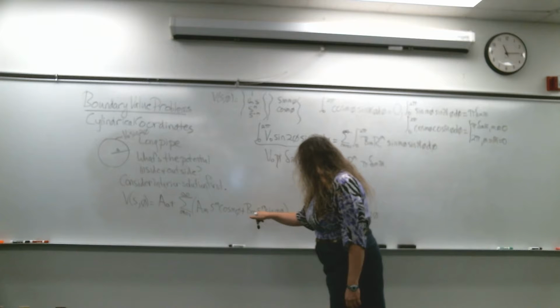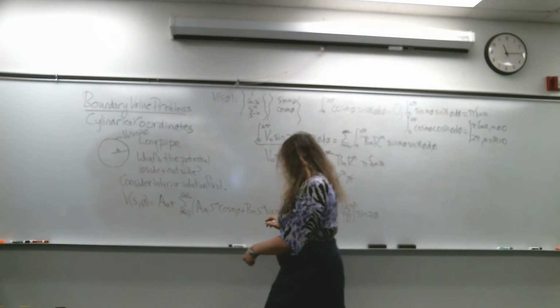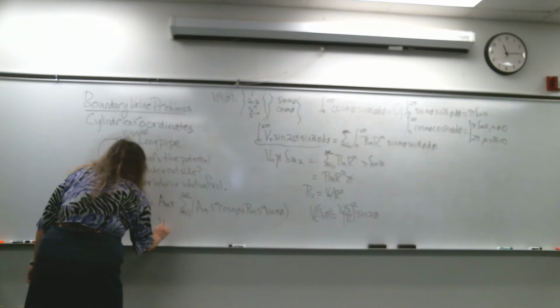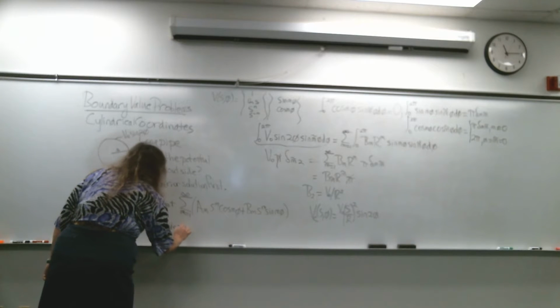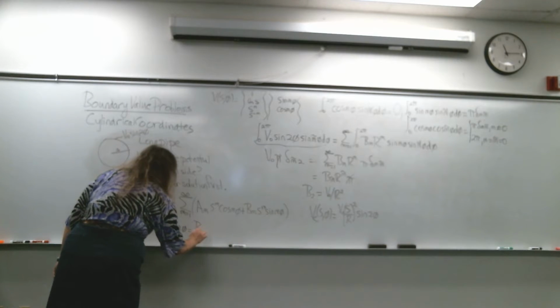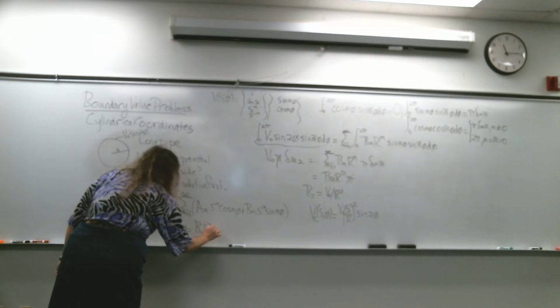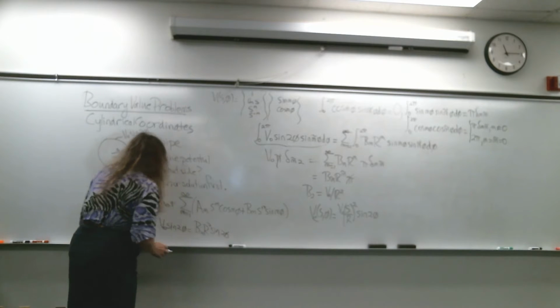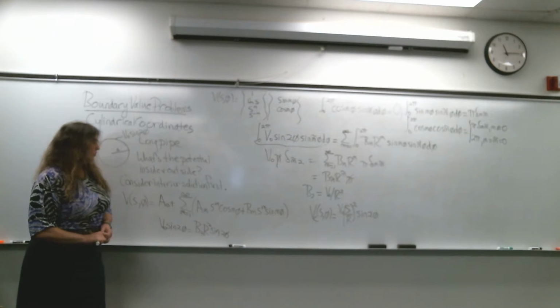And I'll have basically v naught sine 2 phi is equal to b2 r squared sine 2 phi.